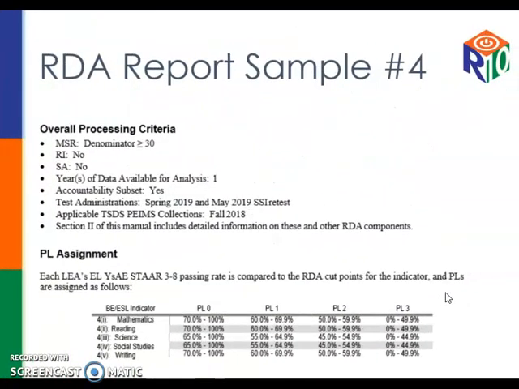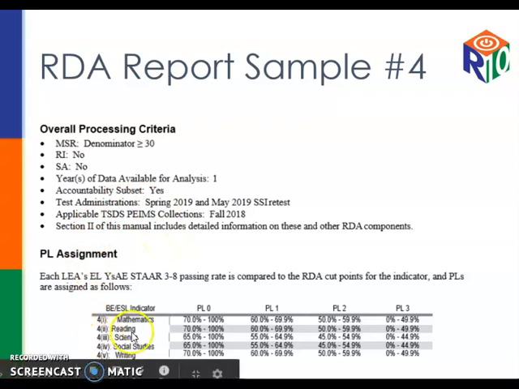Now we will look at indicator number 4, because I wanted to give an example of each different type of performance level. For this indicator, it provides the criteria, and then provides you with the assignment, which provides cut points.